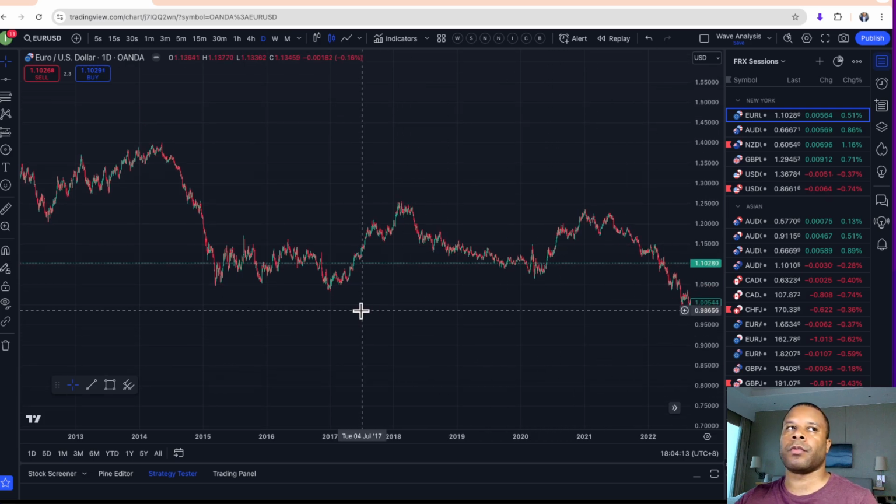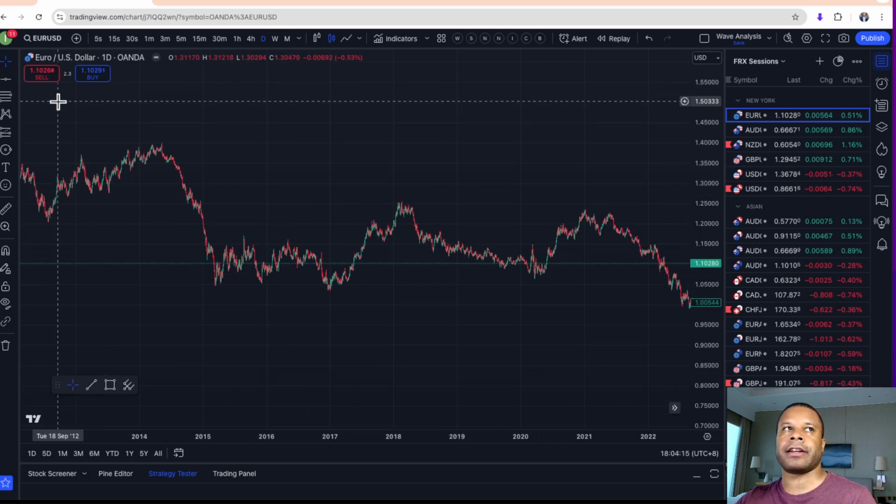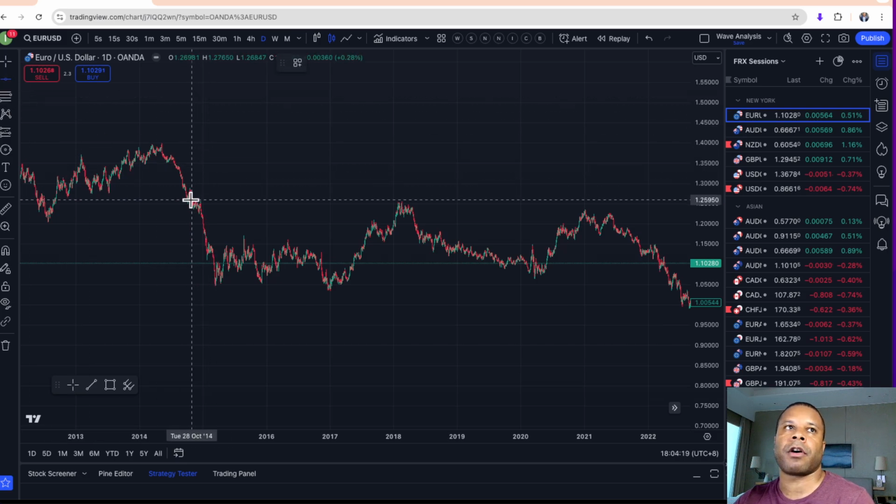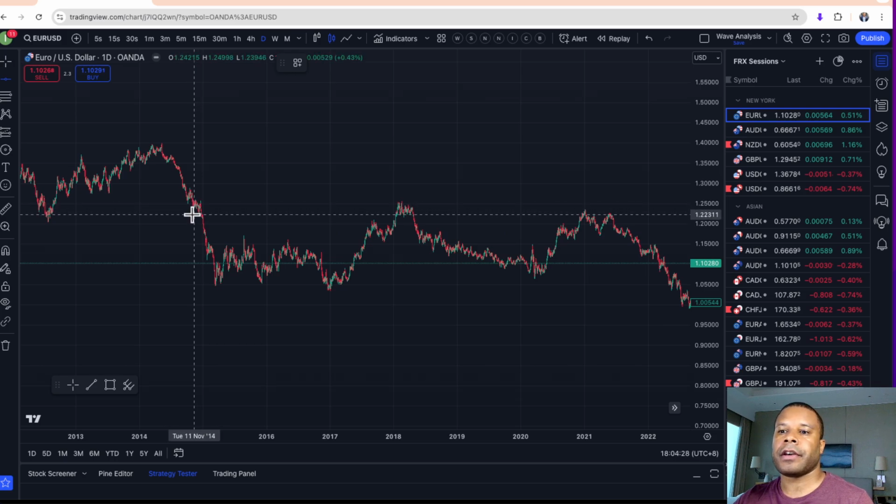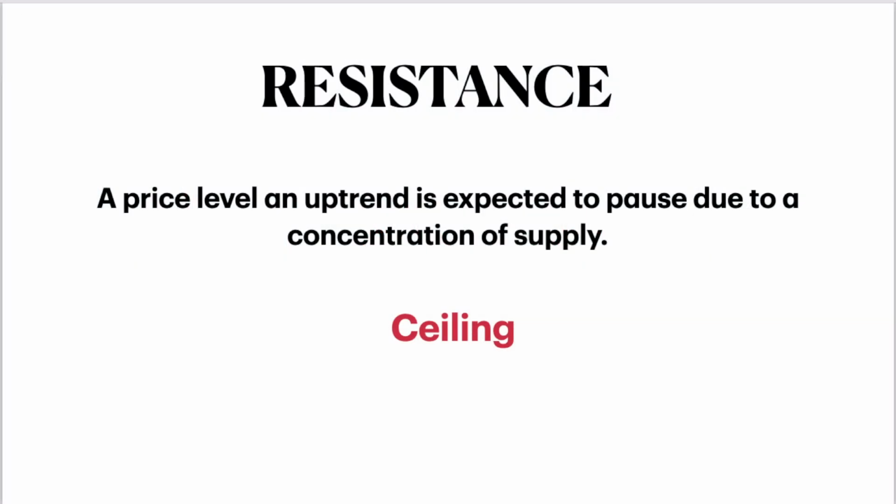One of the advantages to your trading that's going to help you get some of the greatest, best places to get in the market is looking at these major levels or major areas where price had agreements. So I call these price agreements. And right now we're going to get a little deeper into support and resistance.